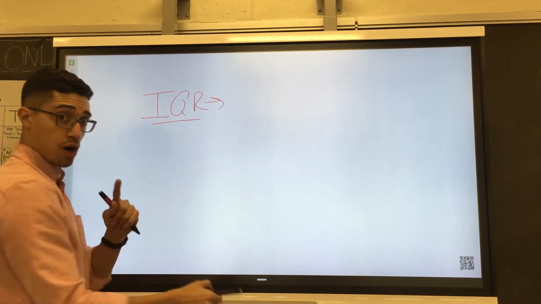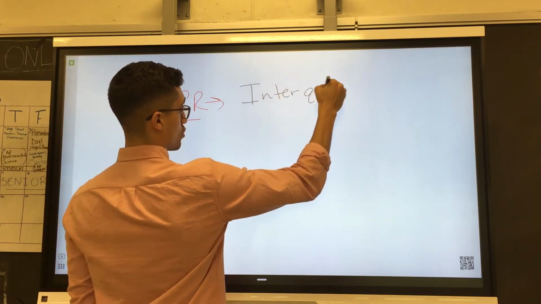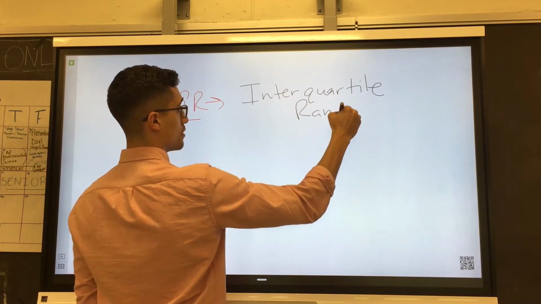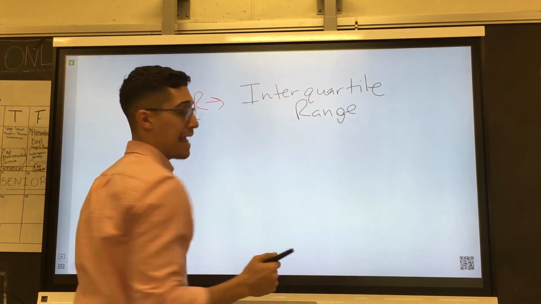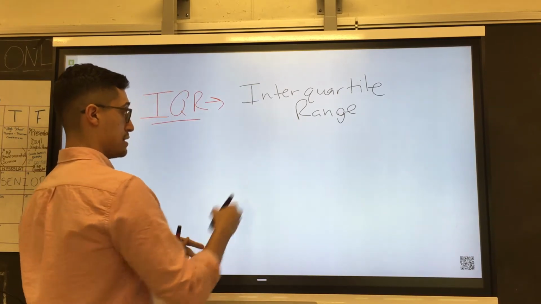So the IQR is the following. It stands for interquartile range. And this has a formula, a really easy formula. The formula is this.